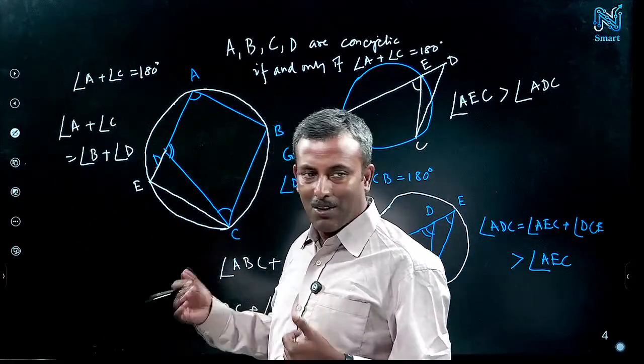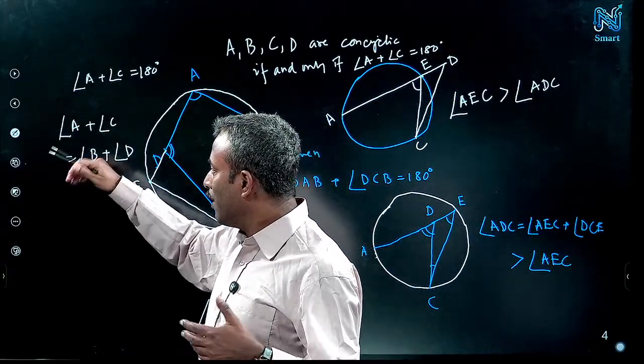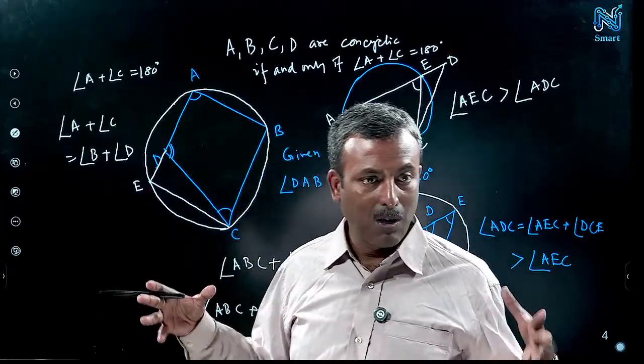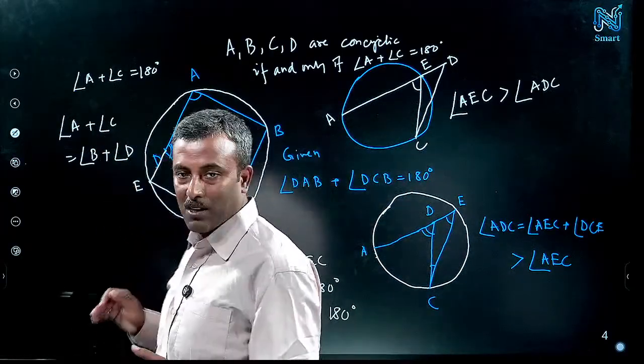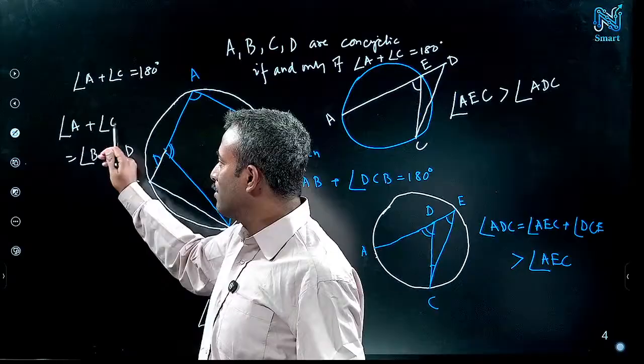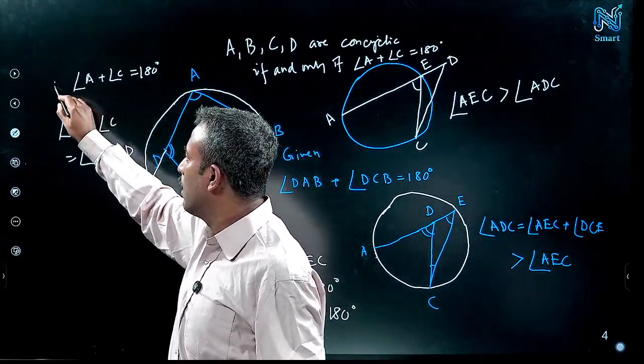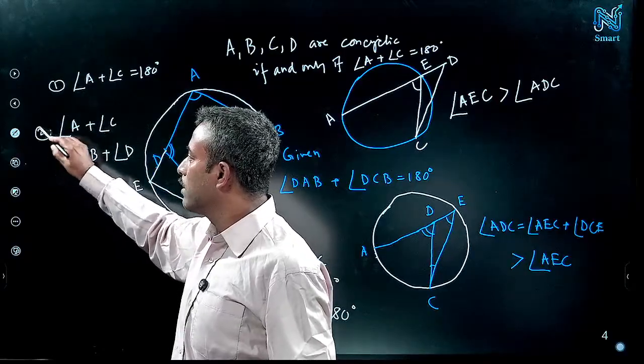On the other hand, conversely, if we have that angle A plus angle C is the same as angle B plus angle D, and we know the sum of all four is 360 degrees, that means the sum of these two is 180 and the sum of these two is 180. So actually these two statements, 1 and 2, are equivalent.